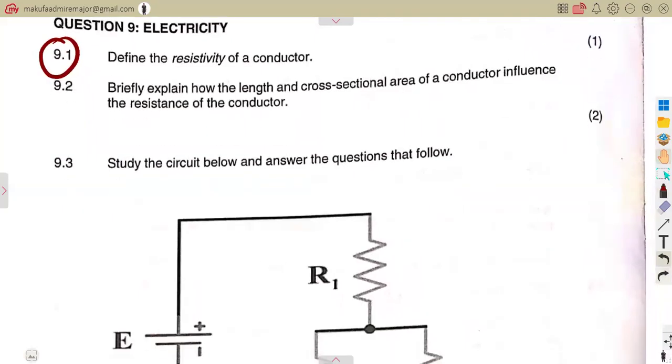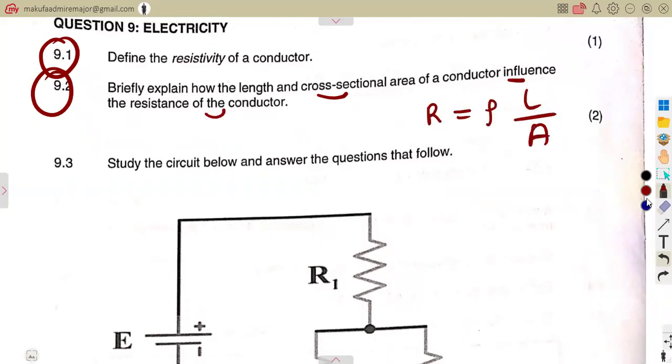So 9.2, you're now asked to briefly explain how the length and the cross-sectional area of a conductor influence the resistance of that conductor. So remember that the resistance is equal to rho L over A. What is happening? The length and the resistance are directly proportional.